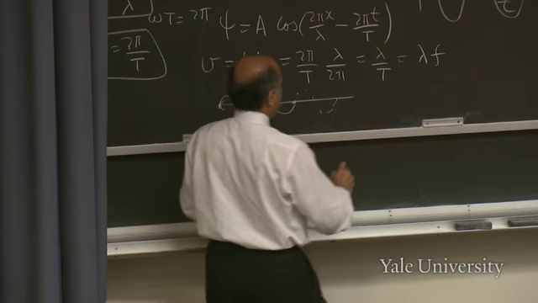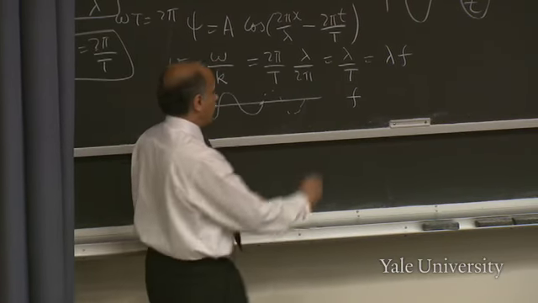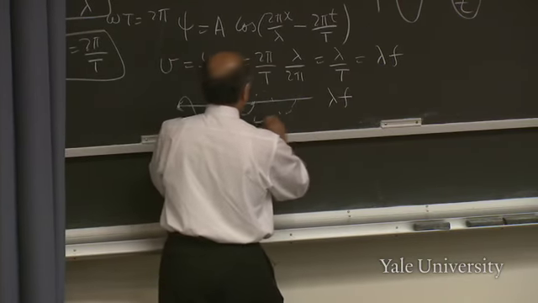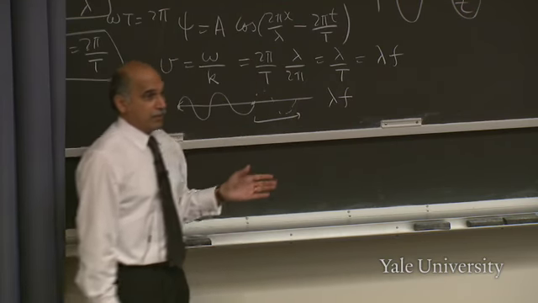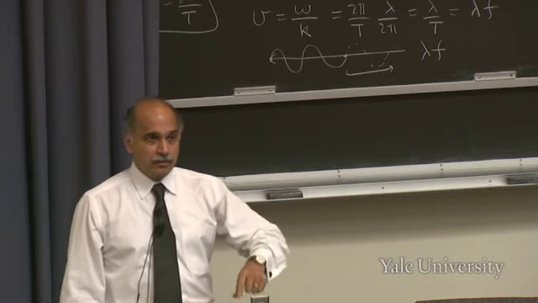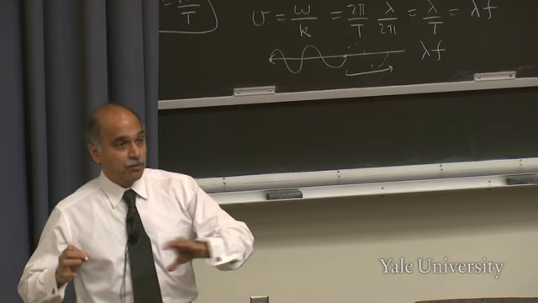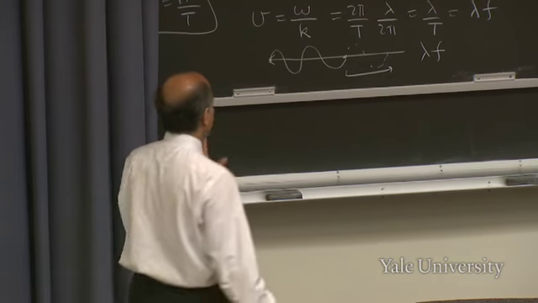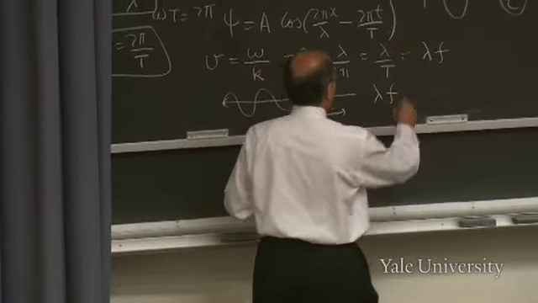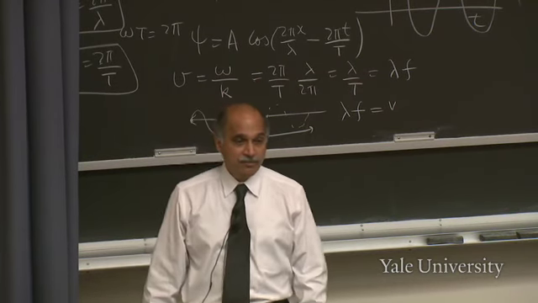How many pulses would I make per second? f. How long is each one? Lambda. So that's how much the wave has advanced in 1 second. That's why it's the velocity. You're making lambda-sized objects, f at a time, f per second, and pushing them out. So the front of the wave advances a distance lambda f in 1 second. That is the velocity. That's one way to understand why lambda f is equal to v.